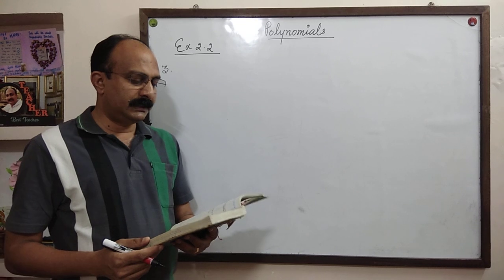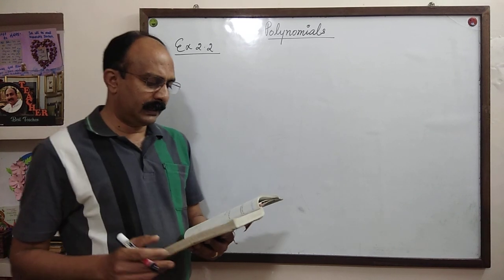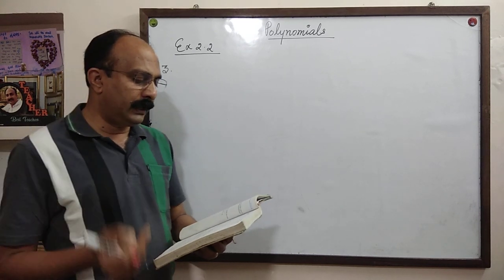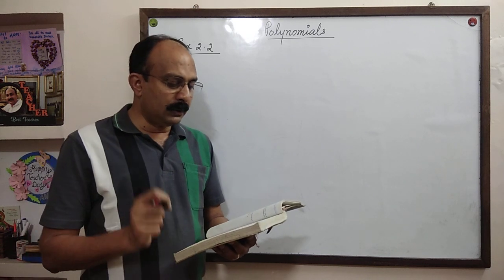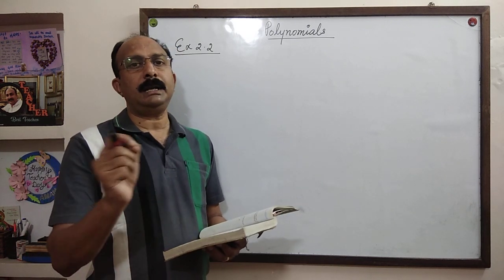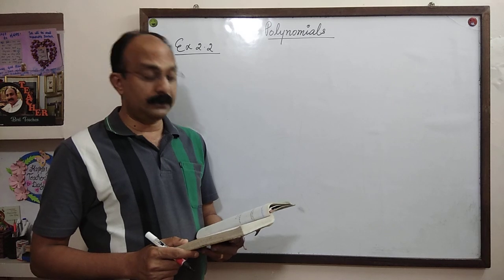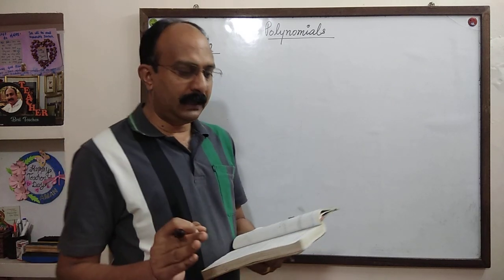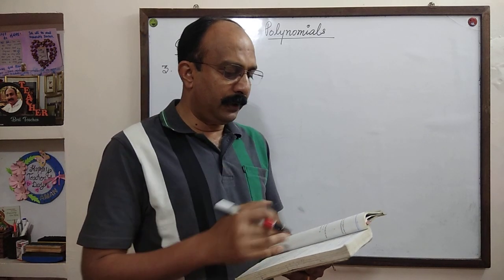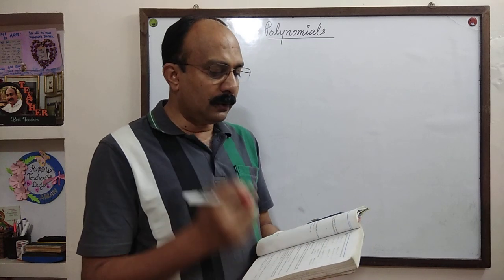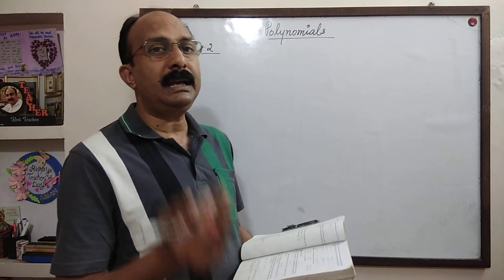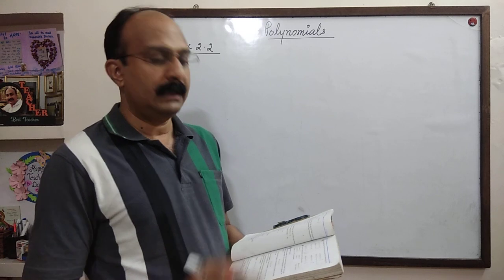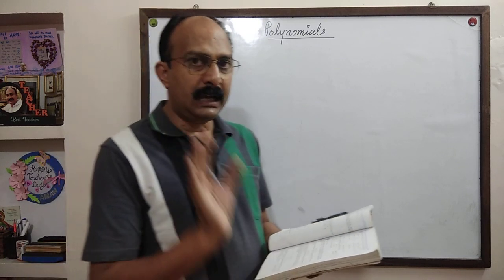Now see question number 3. Verify whether the following are zeros of the polynomial indicated against them. I repeat the question: verify whether the following are zeros of the given polynomial. Below you are given 8 questions.